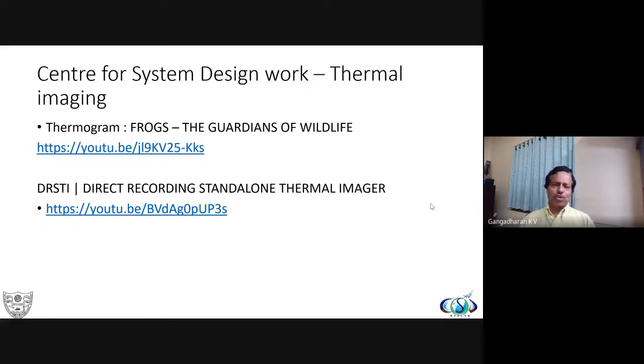It is a bit photophobic, and at night, if the behavior is to be studied, it's not good to put a flashlight on the animal or creature. So this was one thing which we tried out, and you can see what we did using thermogram on frogs. Then we were looking at whether it is possible to detect a person who is drowning at night using thermal imaging. And we wanted to make it open source, and that's what we gave in this Drishti.